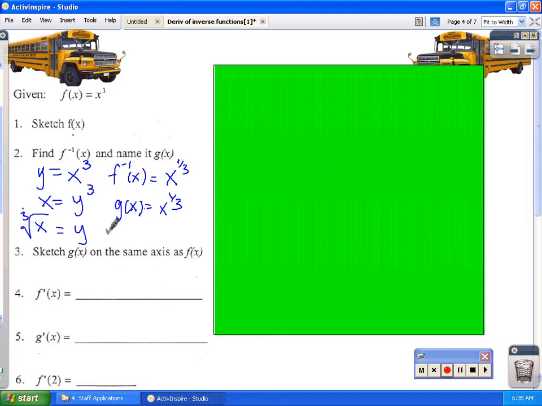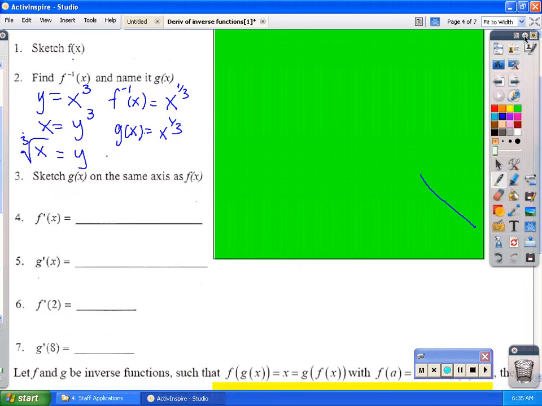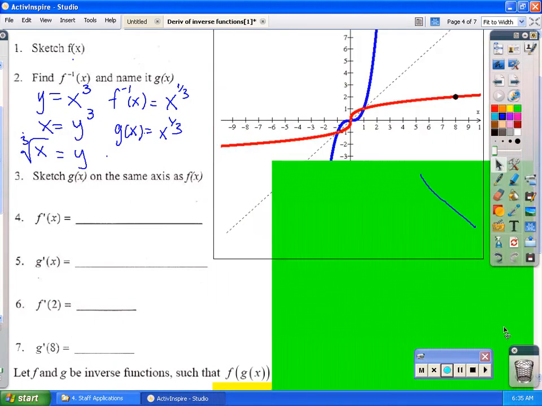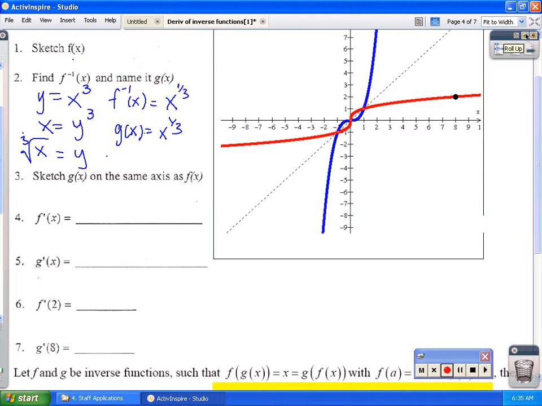So the next thing that I asked you to do was to sketch both of these functions on a graph. And so hopefully you did that. Get my pointer back here. So hopefully you sketched the original function and its inverse. You'll notice that on my graph, the original function y equal to x cubed is sketched in blue, and the inverse function g is sketched in red.